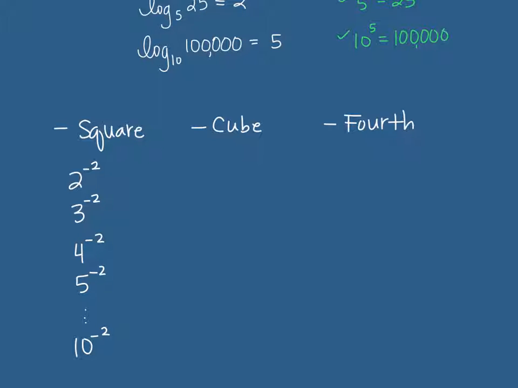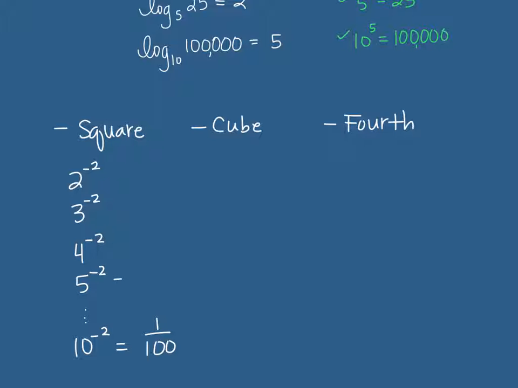Okay, these all have the same or similar answers as their positive squared ones. They're just all fractions. So if 10 to the positive square is 100, then 10 to the negative square is the fraction 1/100. I'm going to work backwards.